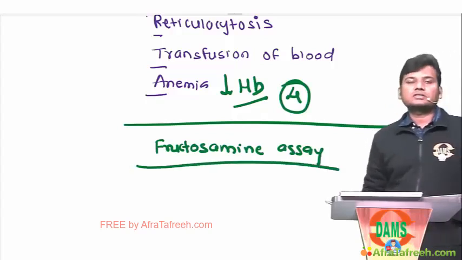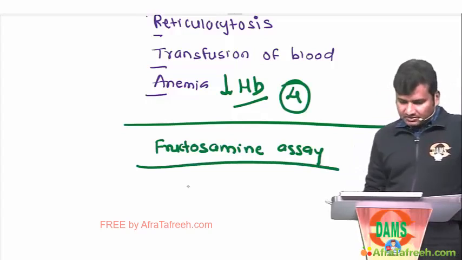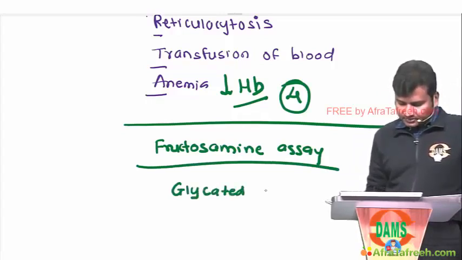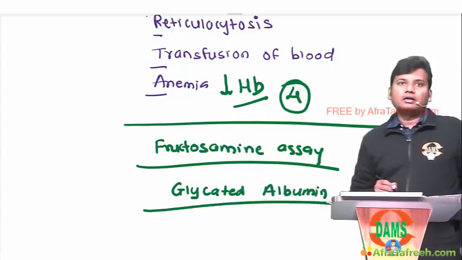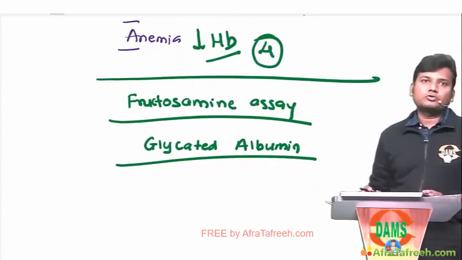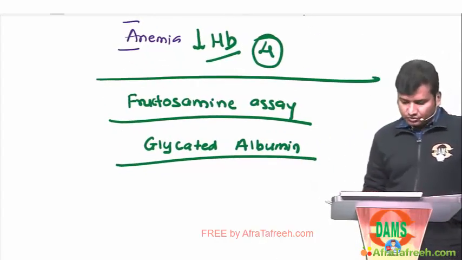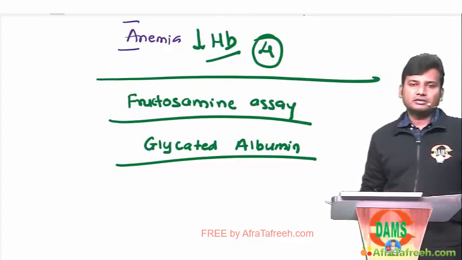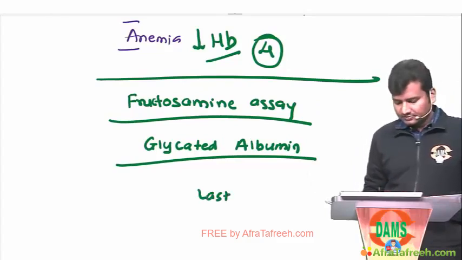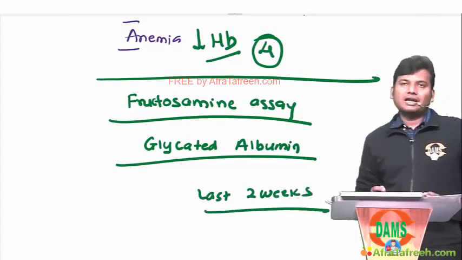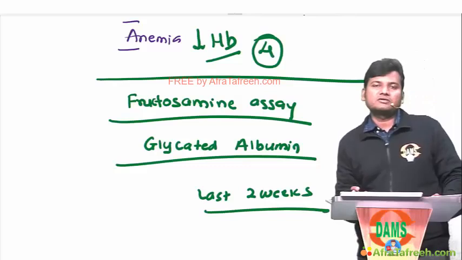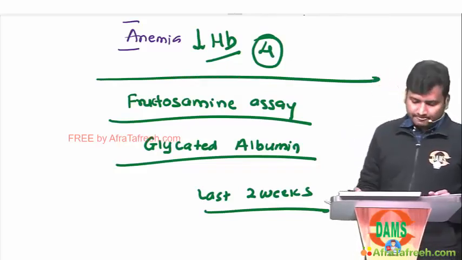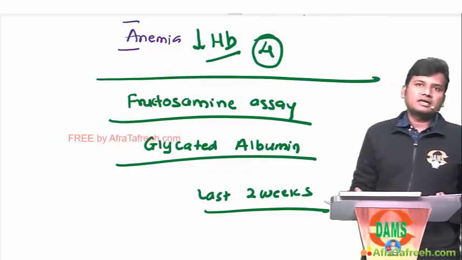In the fructosamine assay, we measure glycated albumin, and this assay will give the history of glycemic control, or the glycemic status of our patient, for the last 2 weeks. Now all these points are given in Harrison.